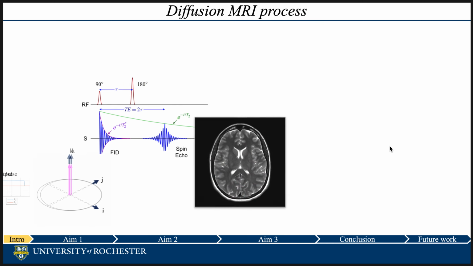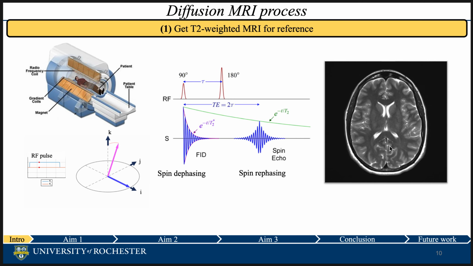Now let's look at these steps a bit more in detail. When we talk about MR, we actually talk about a very powerful magnet, around 60,000 times more powerful than the Earth's magnetic field. So when we put a scanning object inside the scanner, we do this to get a uniform magnetic field in the subject that we are scanning.